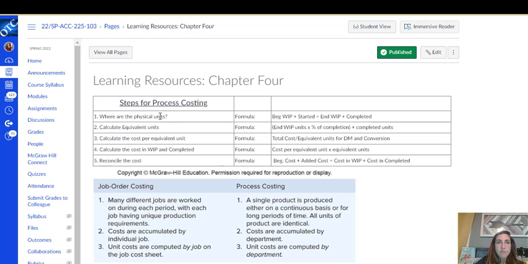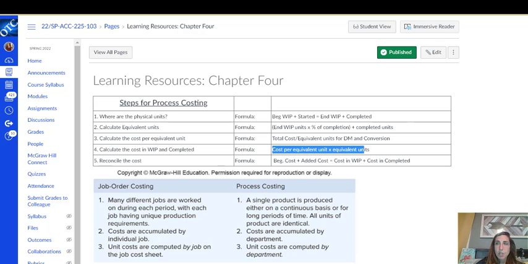There are 5 steps in order to calculate the end goal of your cost per unit and your value in your work in process and your finished goods account. Now, part of that is also encompassing our process of allocating the overhead.